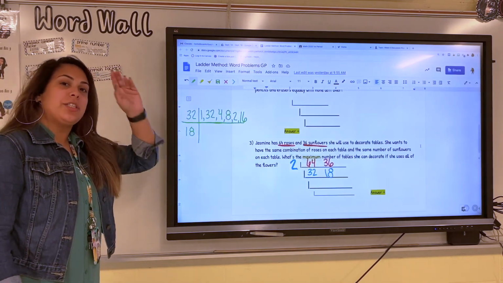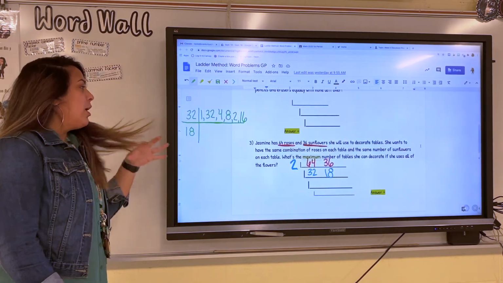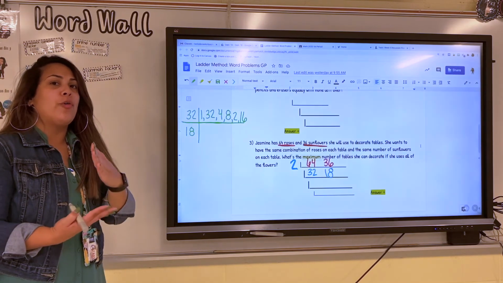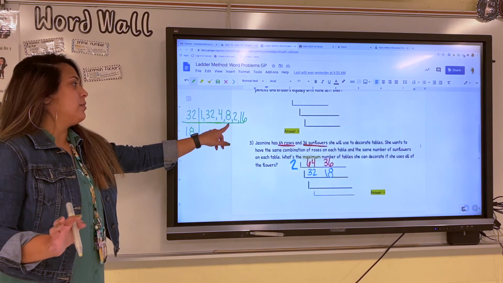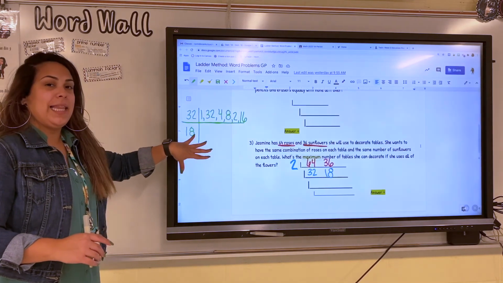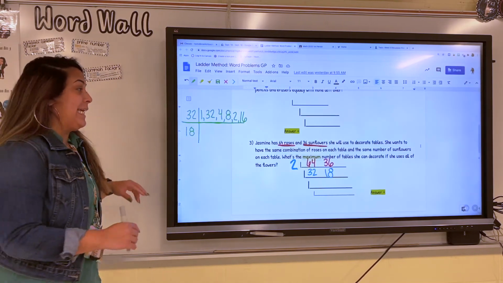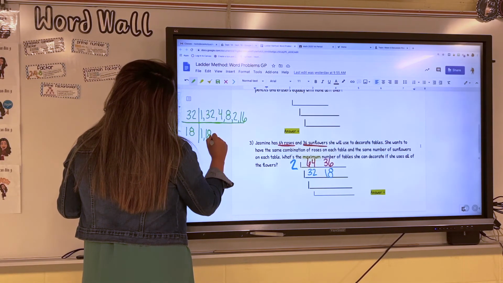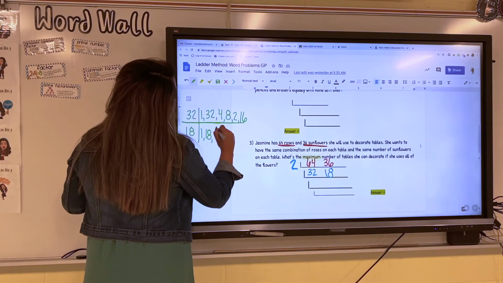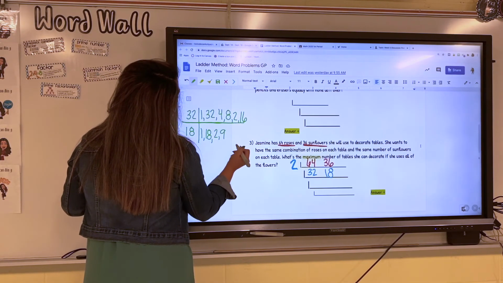So these are the factors of 32. Again, the ones that y'all probably will know for sure would be 1 and 32 and 4 and 8, which is completely fine. So now let's find the factors of 18. We have 1 and 18, 2 and 9.